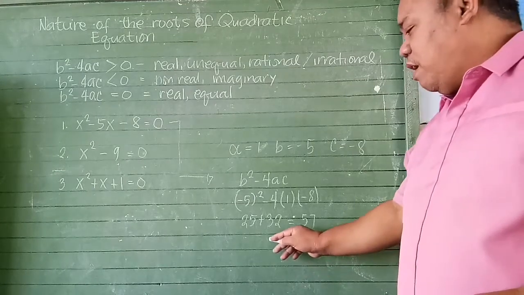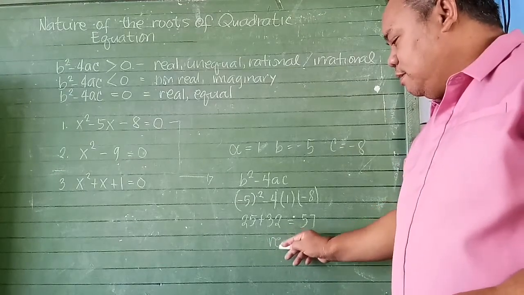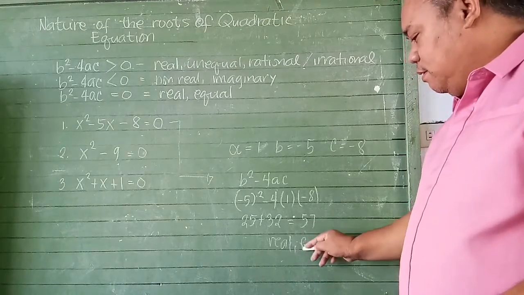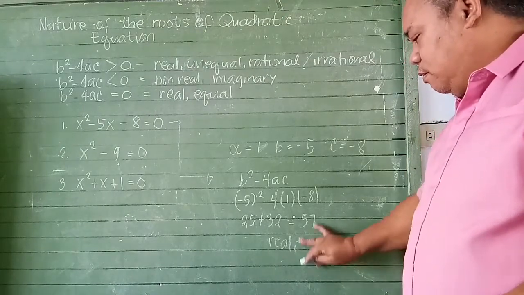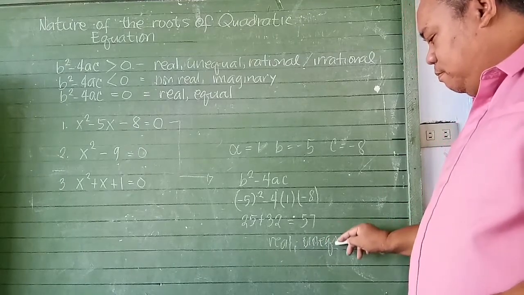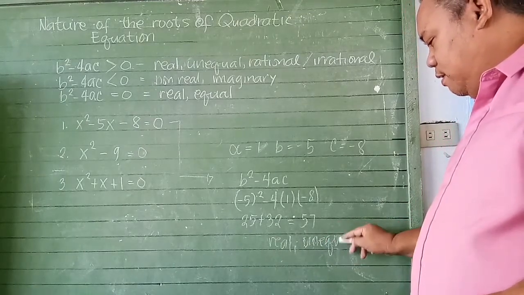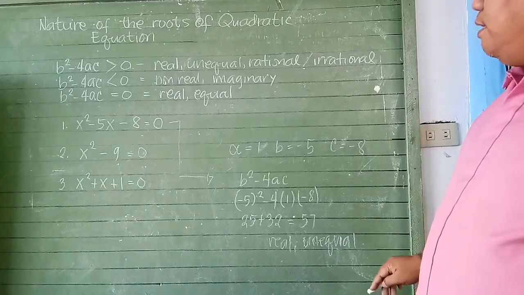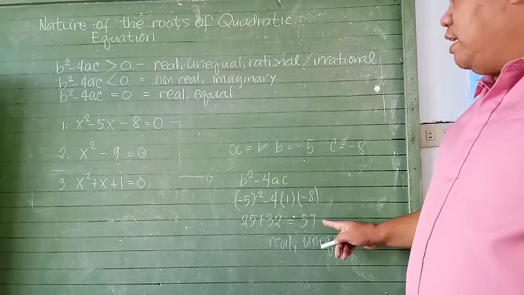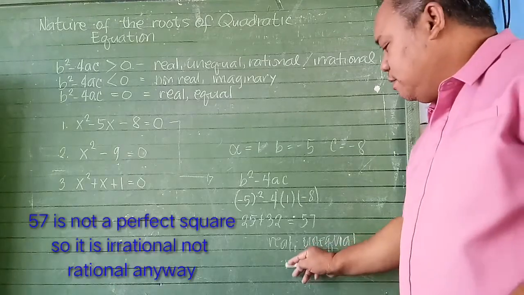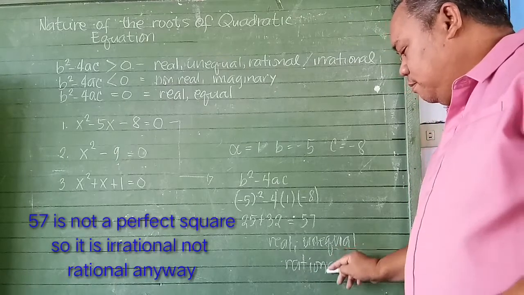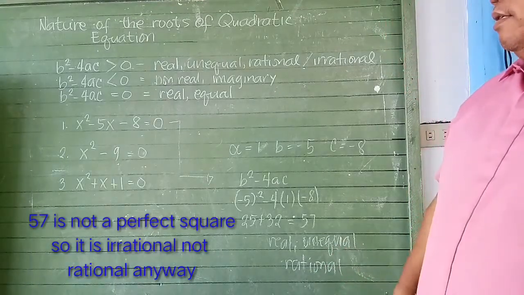The types of roots we have are real, unequal, and since it's not a perfect square, it is irrational. So that's number 1.